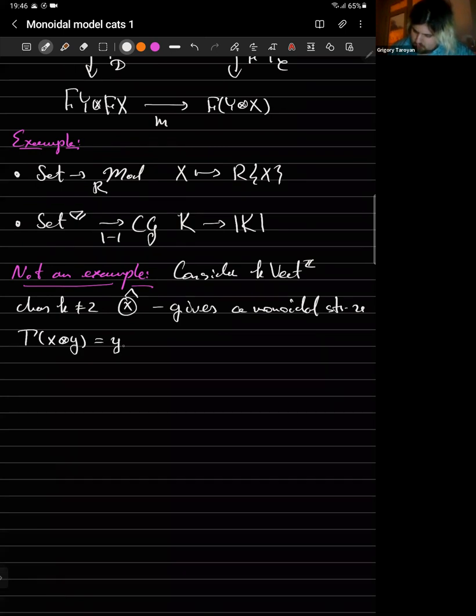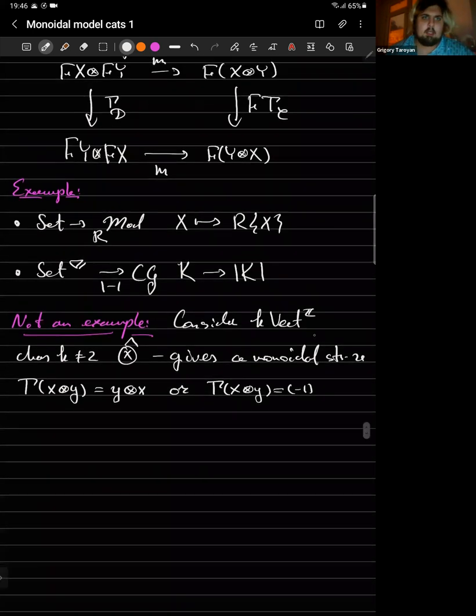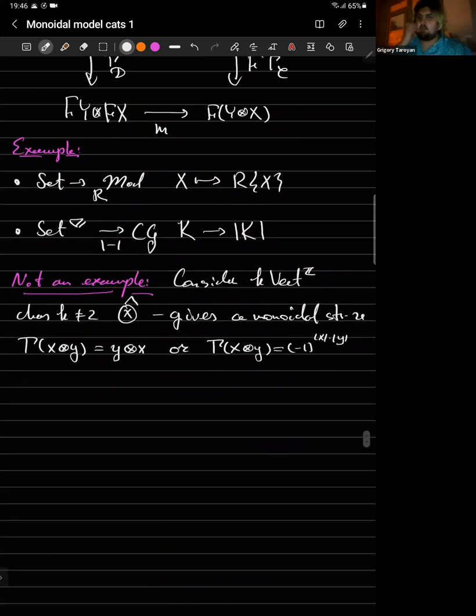T of x, y is just yx, or T of x, y, which is probably more familiar, is (-1) to the product of gradings. Of course, both give us a symmetric monoidal structure on the graded vector spaces, but the identity functor between them is no longer symmetric monoidal.